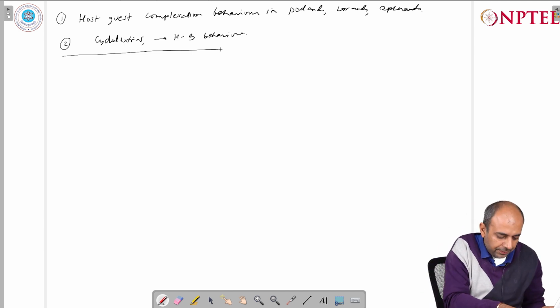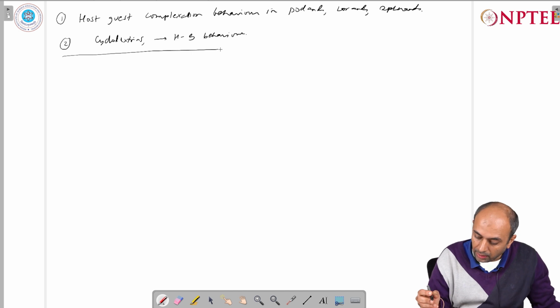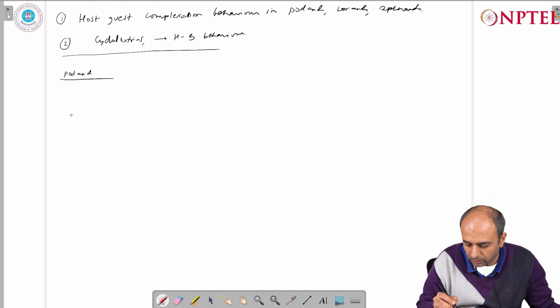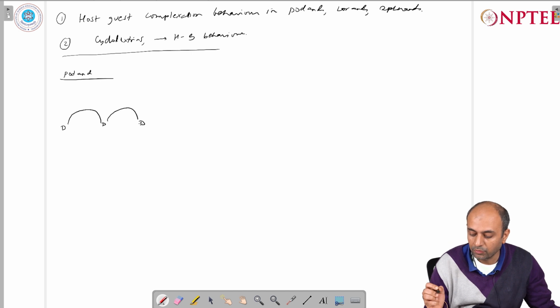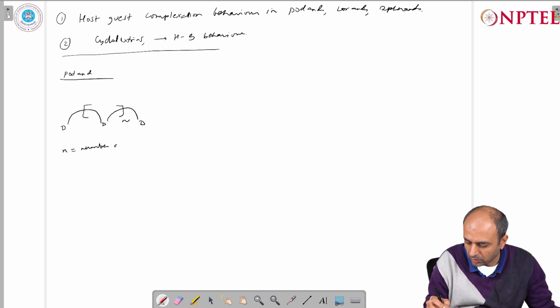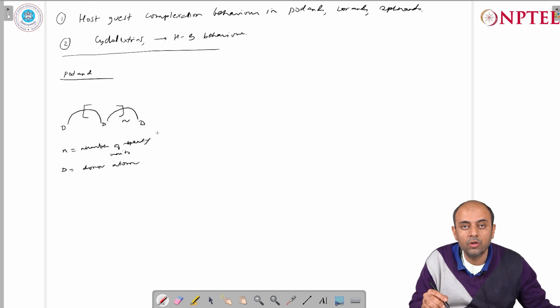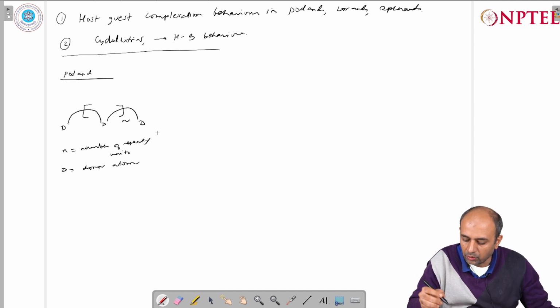So to start with, a podand is written in the following way, where N is the number of repeating units, D is the donor atom, and this open chain conformation of this organic molecule is referred to as a podand.